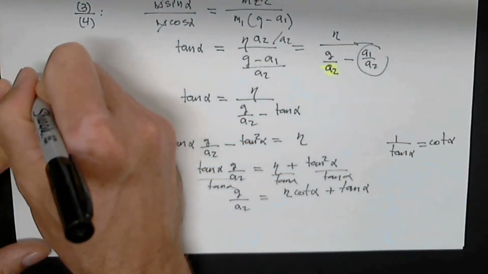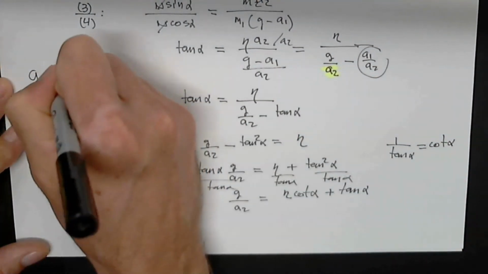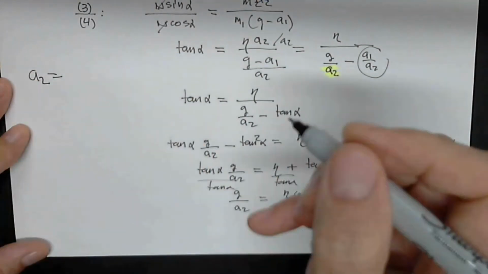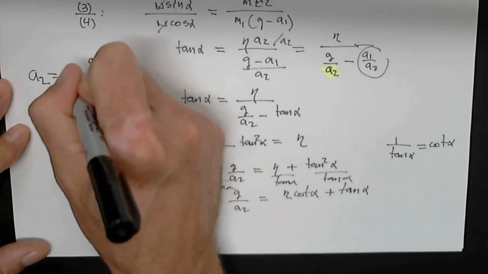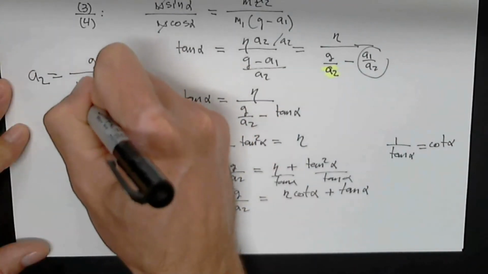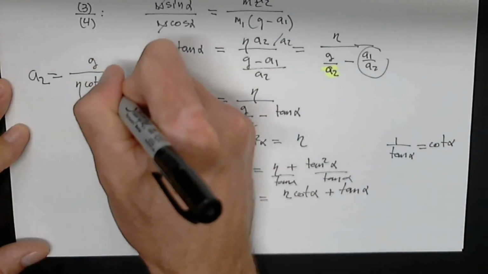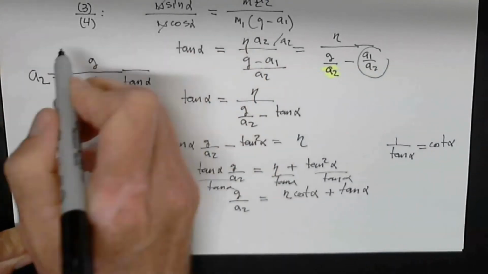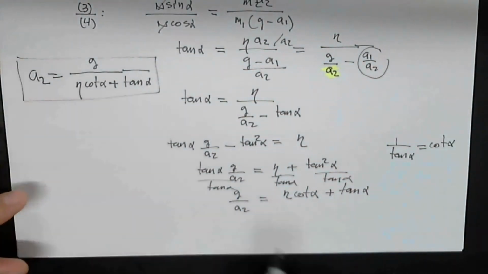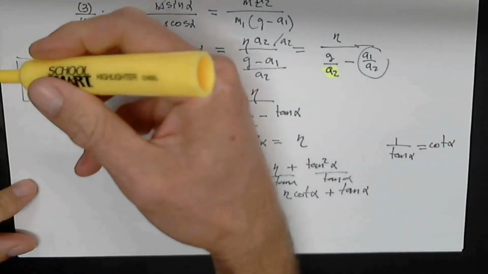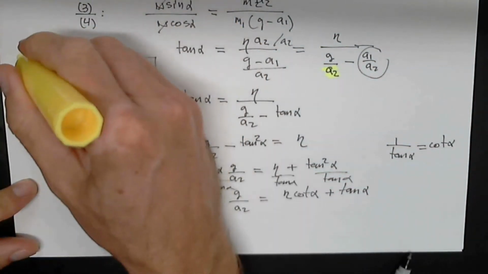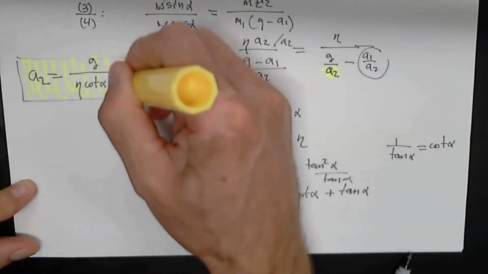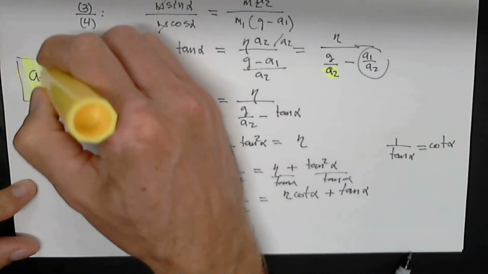If I flip that, we get the acceleration a2, and this is the acceleration of the wedge, to the right.